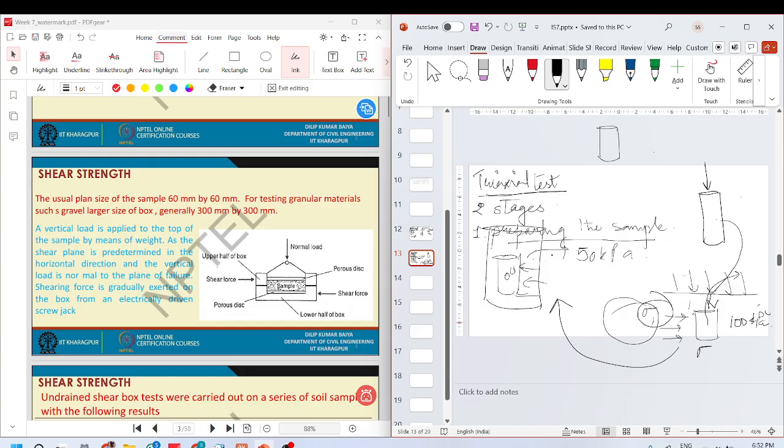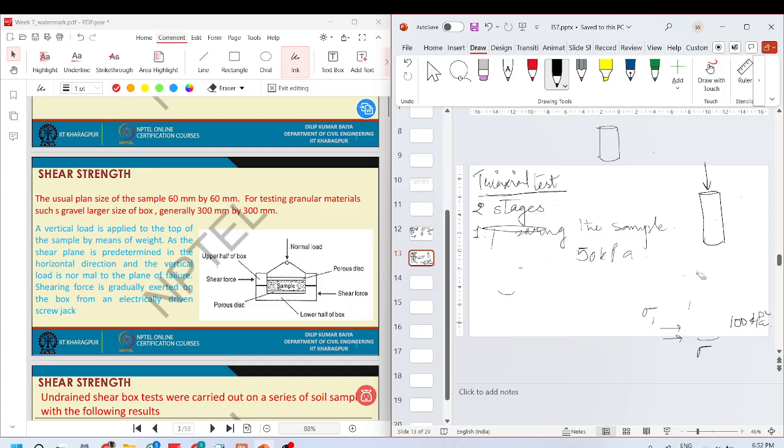So the first stage is preparing the sample. What we do is we take an outer cylinder and we fill it with water at some pressure.